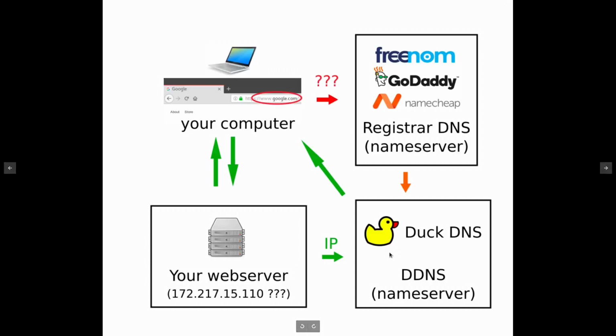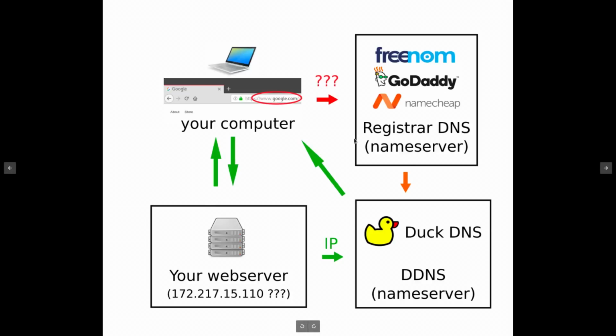All of that means is your server keeps telling Duck DNS, say every 5 minutes, it keeps sending it its new IP address so that Duck DNS always has the up-to-date address of your server. And so by pointing the main DNS from your registrar to Duck DNS, when people type in your website, it will always get pumped through and get the updated address so that they can talk to your website reliably.